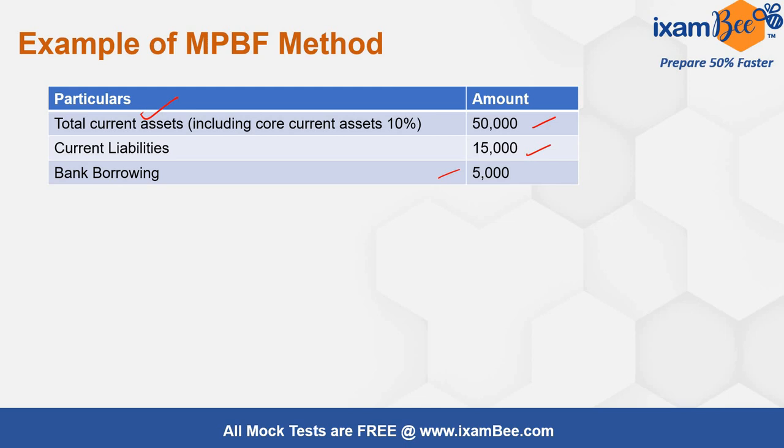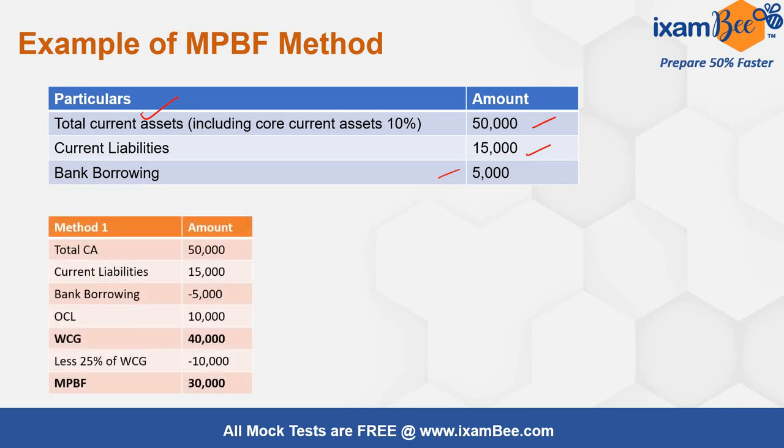Under the first method, where we are saying the working capital gap, 75% is maximum that can be funded, the calculation can be like you have the total current assets from which we reduce other current liabilities, and other current liabilities is actually arrived at by current assets minus the bank borrowings, as we had discussed.